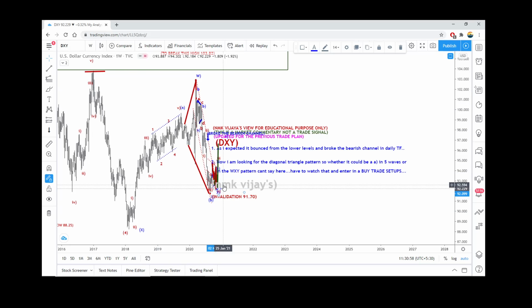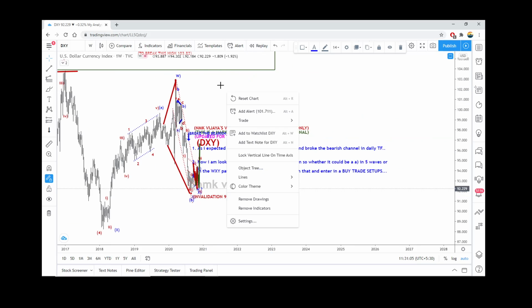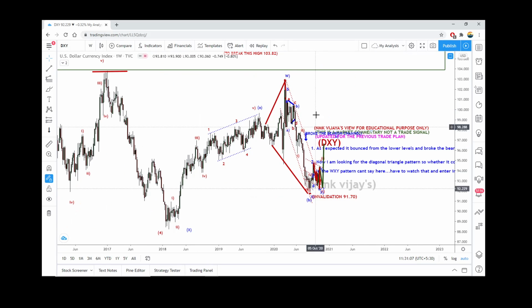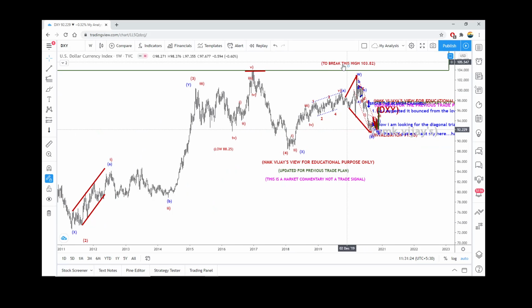So B is an expanding triangle and C has to break this 103.82. But given last week's scenario, the Corona and the China-US trade war, it could be, maybe. Because if it validates, there is no issue, but if it comes down, there is a lot of chance for that truncated.